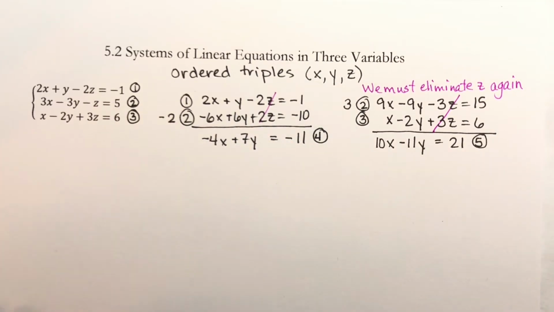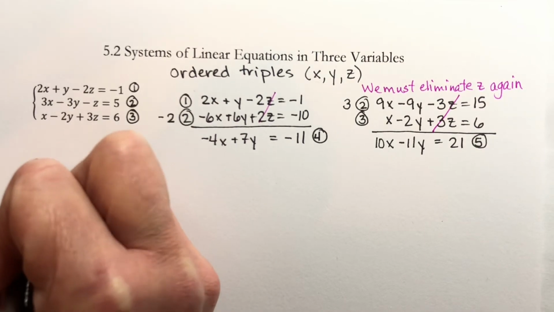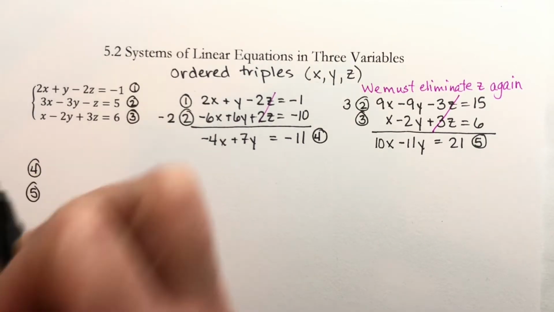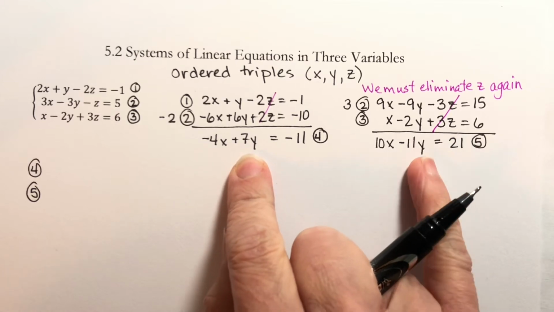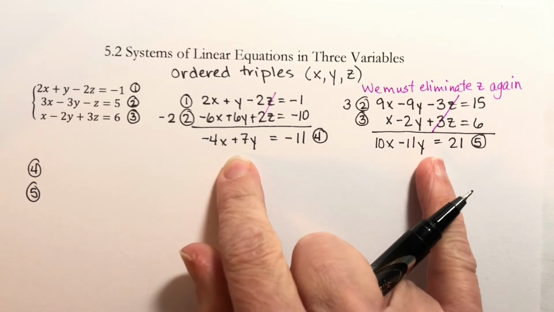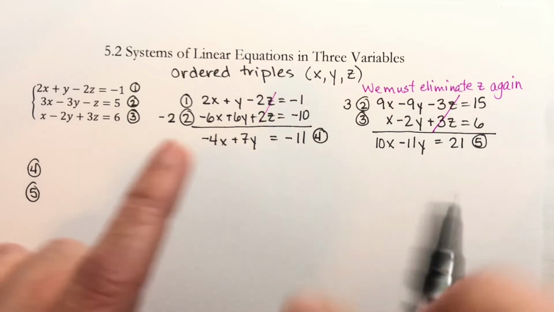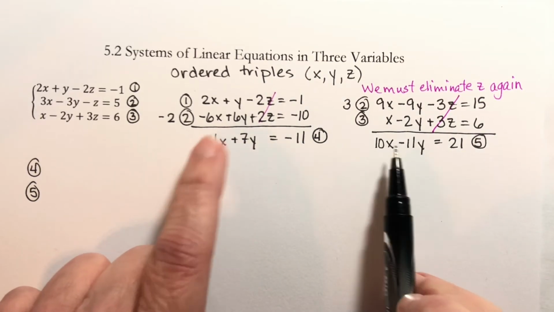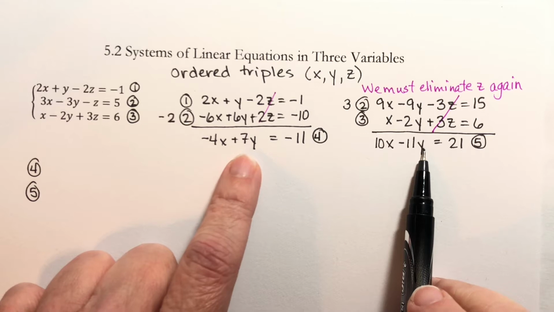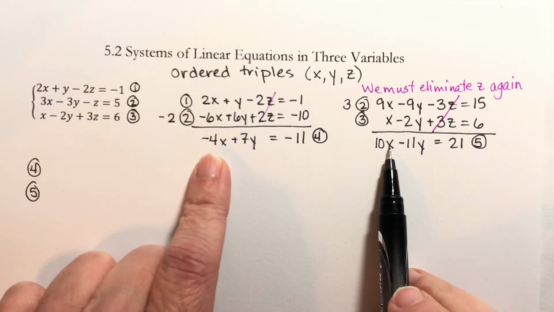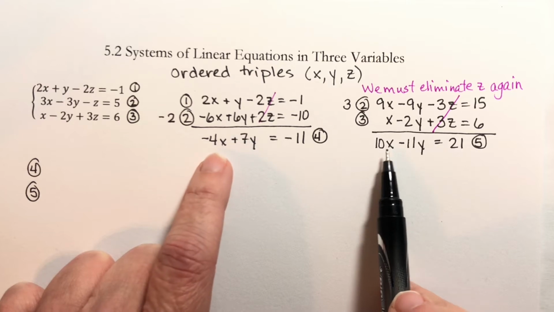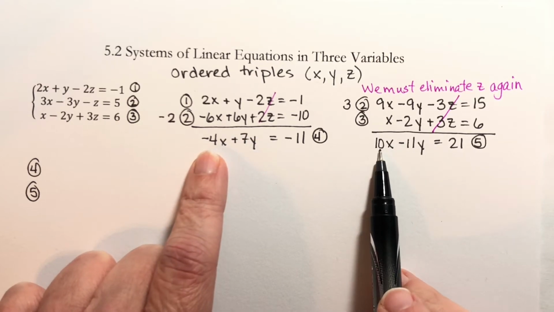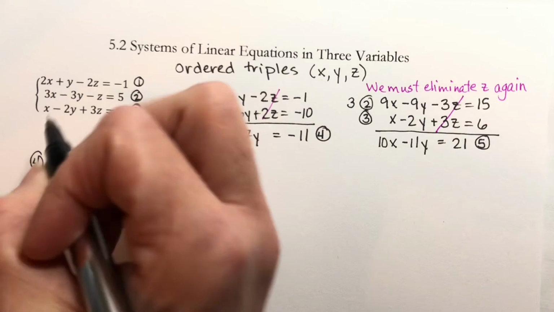I'm going to now pair up 4 and 5, and this is going to be my new system. Now I need to get rid of a variable. Neither of these is particularly easy, but y looks worse to me than x. So if I'm looking for a common denominator between a 4 and a 10, I'm going to try to make those into 20s.